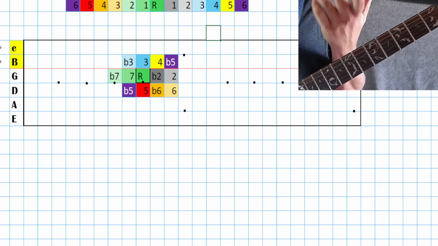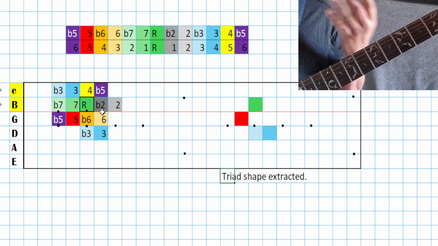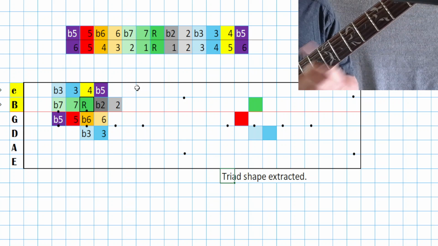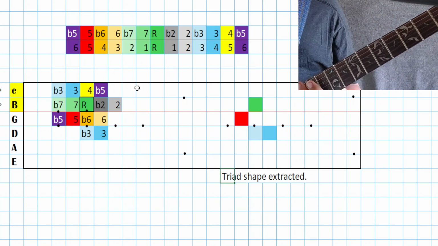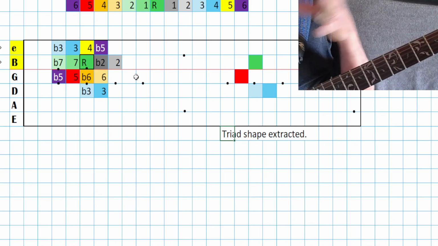So when we went over this, then we went over that, right? And now we're here going, here's a triad shape extracted. Once again, root 3rd 5. So I don't know. When I set up these lessons, sometimes in my head the lesson is going on, and I'll make a page that I think I'm going to get to.